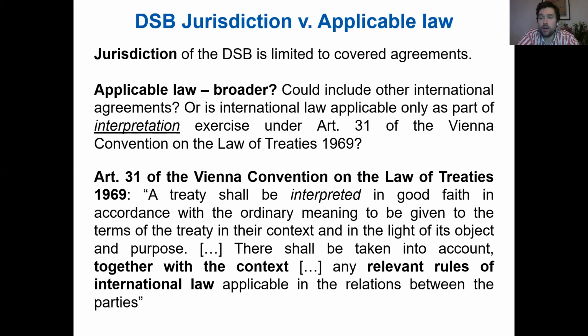So irrespective of how good your agreement is, you cannot refer to a bilateral treaty between the EU and South Korea before the WTO dispute settlement body because it is not part of the covered agreements, and it is not even really relevant for the interpretation in the sense that it is not an agreement as amongst all WTO members.